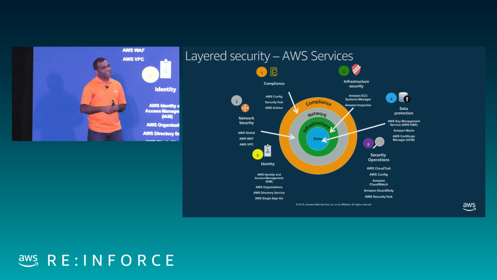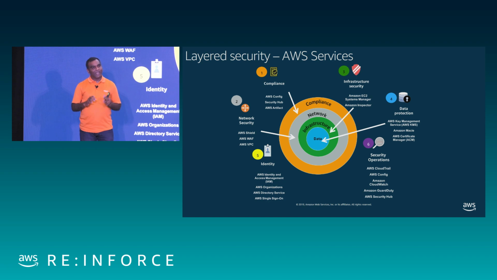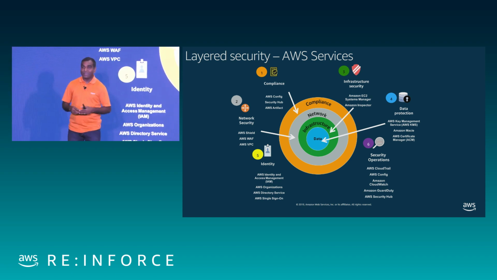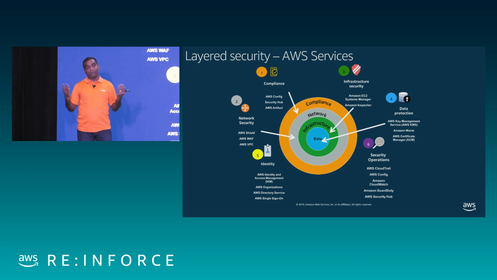I have seen a lot of customer journeys, and security is the long pole in the tent. It takes forever to bootstrap because a lot of times you don't know where to start. You don't know if you are secure enough. The answer I often get is, I don't know, man, how we are doing.